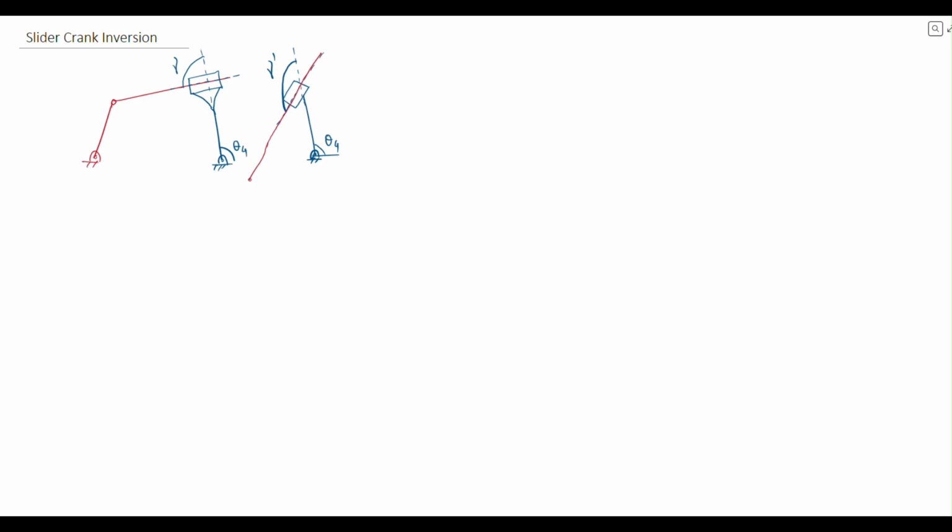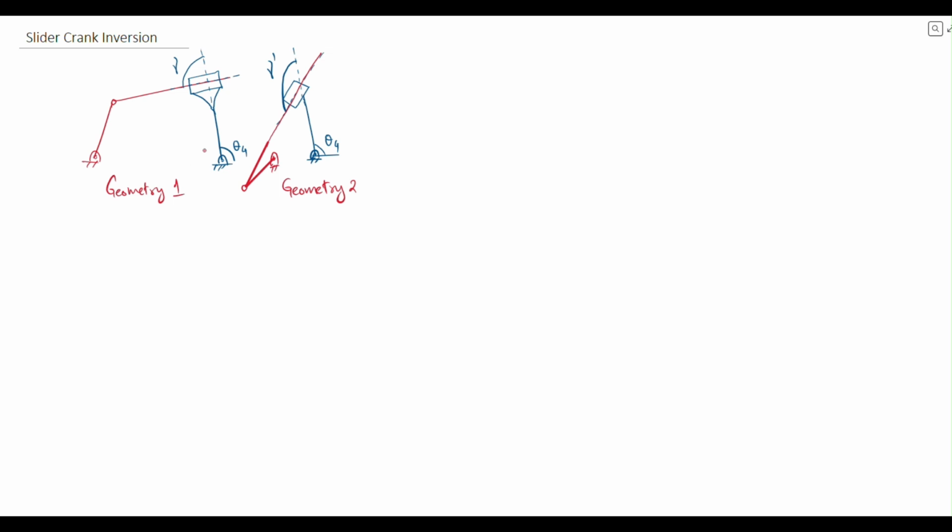Then possibly something like this would be the linkage. There's a pivot, there's a revolute joint there. So this is one geometry, this is another geometry. These two cannot be obtained from the same geometry because this is a different weld angle.